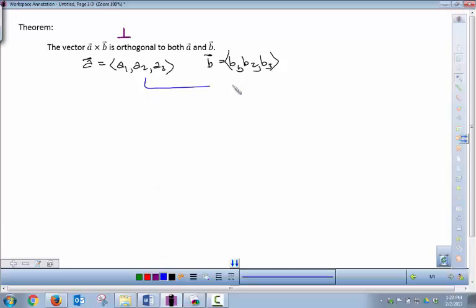So I'm not going to do it, but perform the cross product. And then after you get the cross product, you dot it with A and B separately. And then you'll see that you'll get 0 both times. You'll get those combinations of A1, A2, A3, B1, B2, B3 to all disappear, and then it'll become 0.